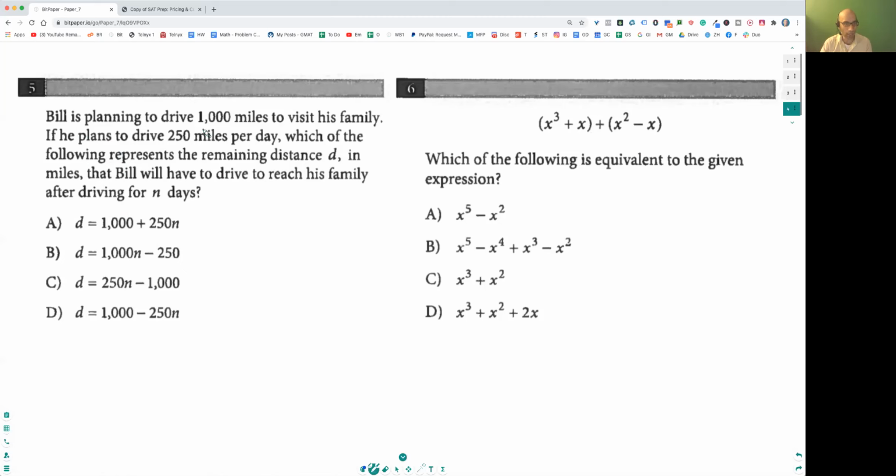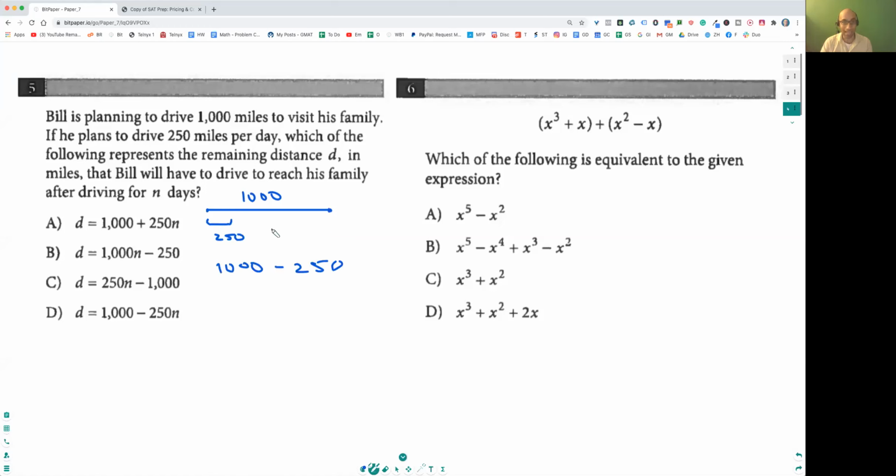Let's solve this. Remember, you've got 1,000 miles to go to the family. This is a linear equation problem, and we've done this before. You plan to travel 250 the first day, so how much do you have left? You've got 1,000 minus 250 left.